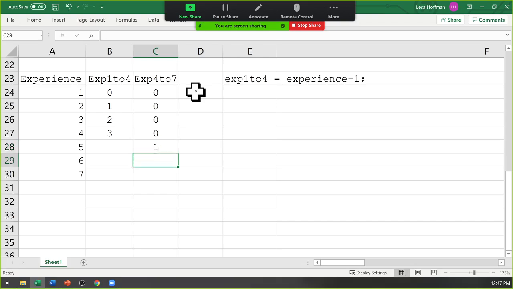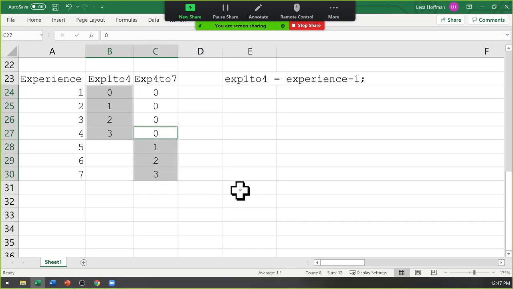How much more is experience equals 6? Yeah. So I've got one slope that captures the change as you go from 1 to 4, and the second slope captures the change as you go from 4 to 7. Questions on just that much?